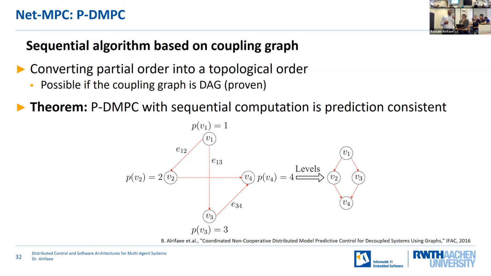And if we assign the agents priorities, then if we have two agents moving towards each other, one will have the higher priority and one the lower priority. And the higher priority agent is allowed to compute first.